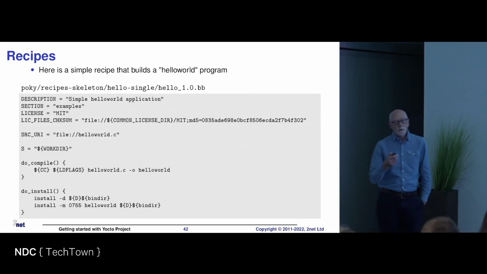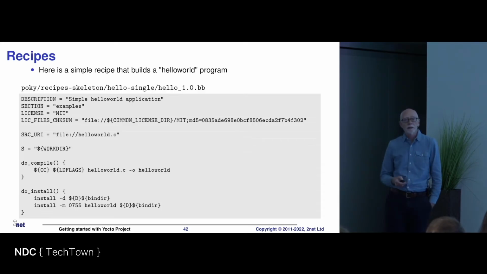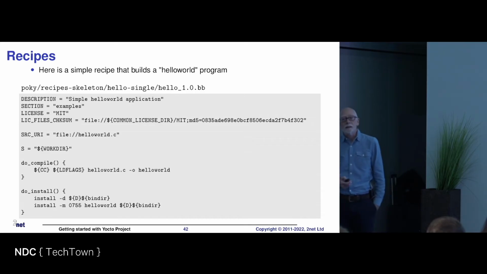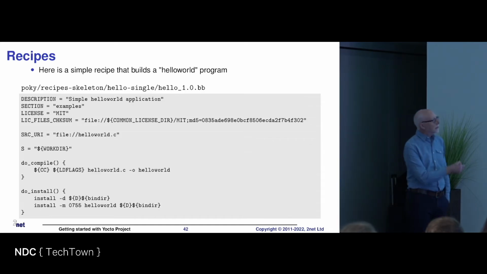So it's a build error not to specify a license. Everything has a license. So in this case, we have an MIT license. And not only do you need to say what the license is, you need to give a pointer to the text of that license and also a checksum of that text. So you can't cheat the system. You have to have an actual license with an actual checksum. And it's a build error if none of that works.